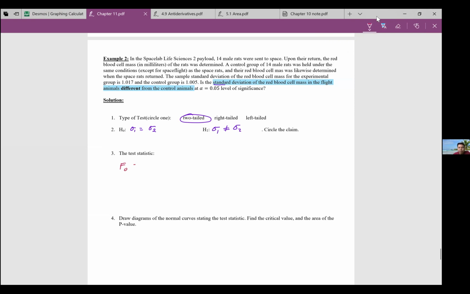F naught equals S1 squared divided by S2 squared. So we have 1.017 divided by 1.005, squared both, right? Let's see what we get.